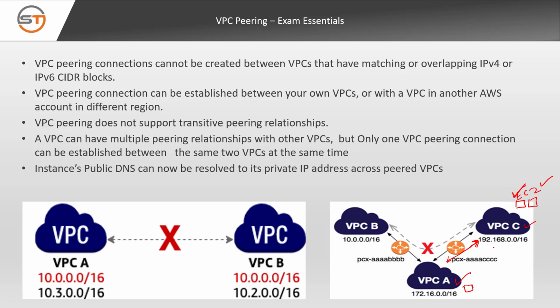The answer is yes. I think this was not supported earlier than 2016, but from 2016 this support was added. You can now enable resolution of public DNS host names to private IP addresses when queried from a peered VPC. This functionality is also supported cross-account, so the two VPCs can be in different accounts. This feature simplifies the DNS setup for VPC peering connections.